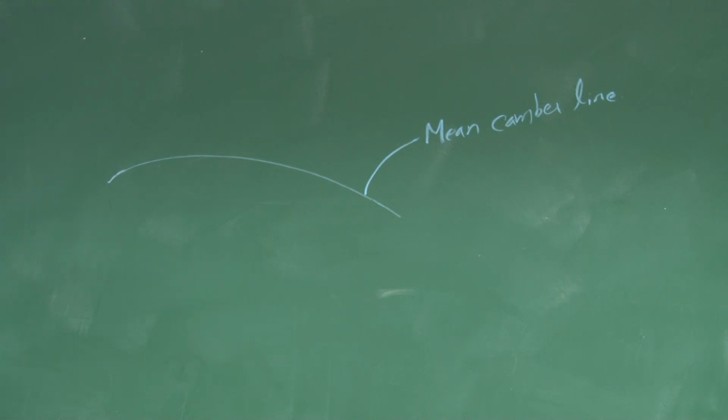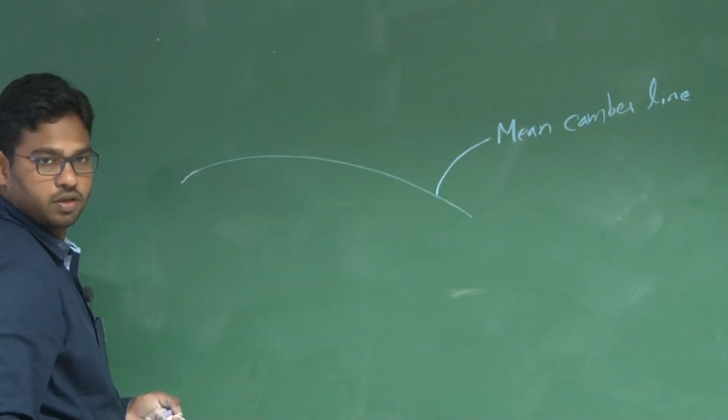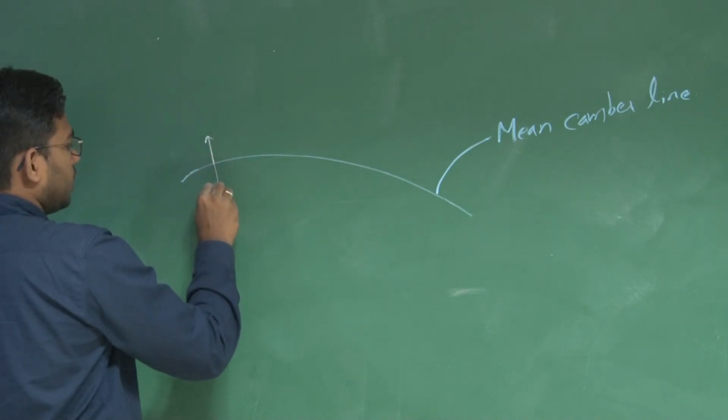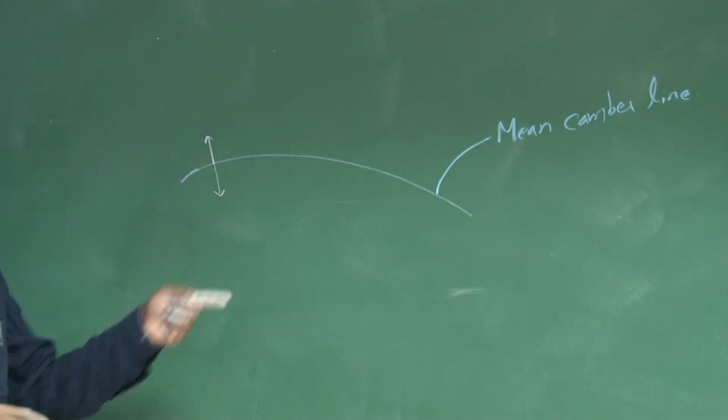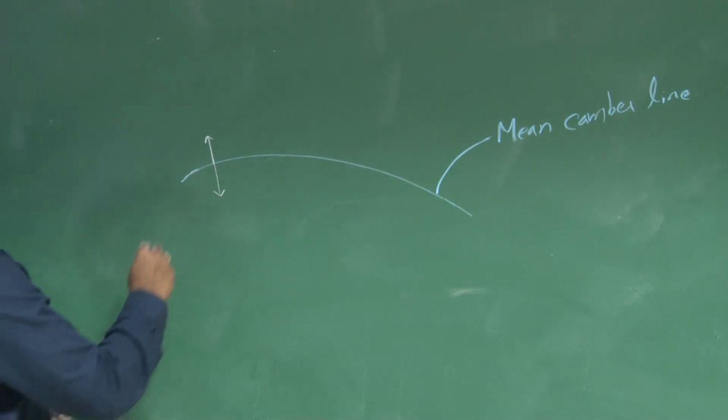If I want to draw an aerofoil with the help of this mean camber line, what should I do? I can build the entire aerofoil with the help of this mean camber line, right? Let us say I know the thickness distribution at each and every point. Thickness is measured perpendicular to the mean camber line at that particular point, right?